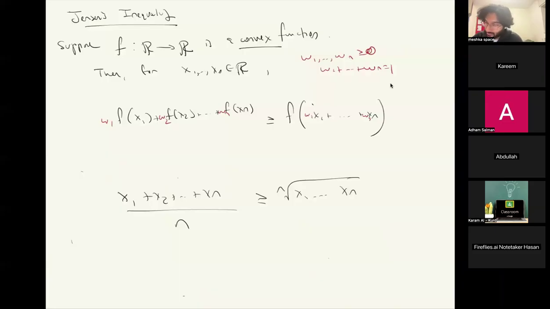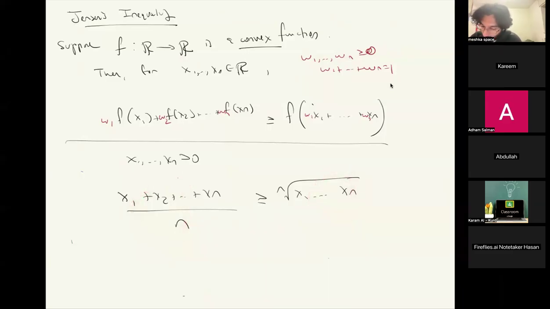So this is the key. Whenever you want to use Jensen in a situation with a multivariate function, you have to do something clever. So in this case, we'd use log. Let's take log of both sides. Can we do that? Yes, we can, because we assume that x1 through xn are all bigger than 0, so you have a positive number on each side, and whenever you have a positive number, you can take log.